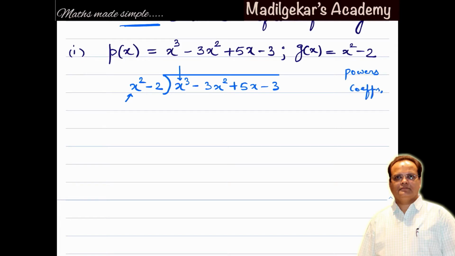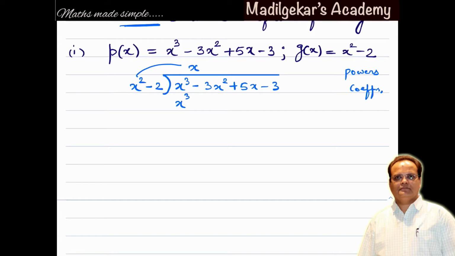Since both have the same coefficients, only the powers are different. So if we multiply this divisor by x, we'll get x cube. So this is the first step. Multiplying the divisor by x, we get x square into x, that is x cube.